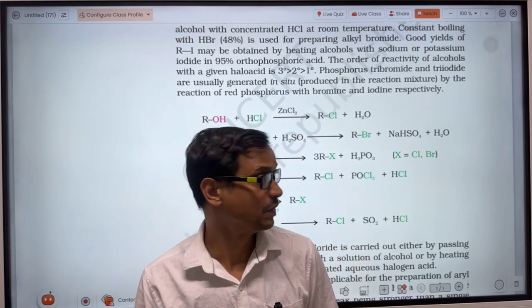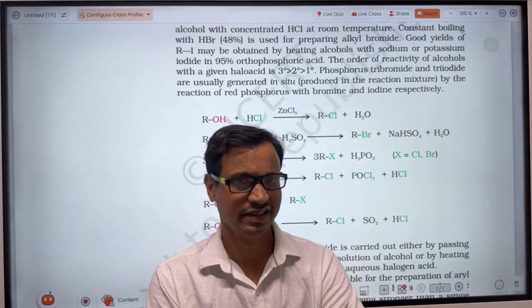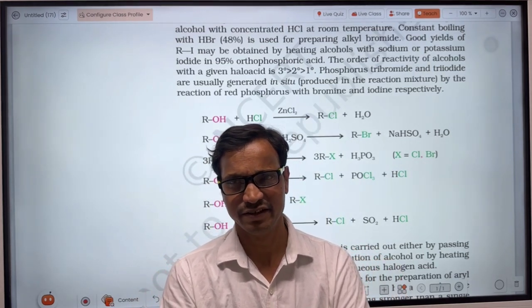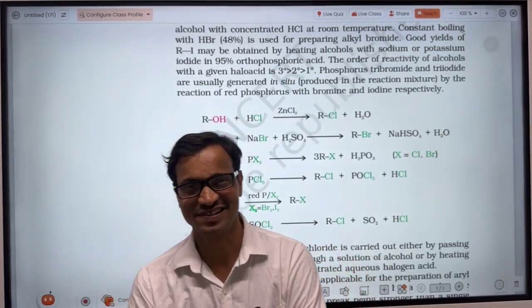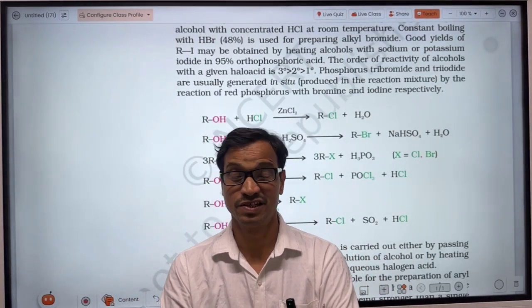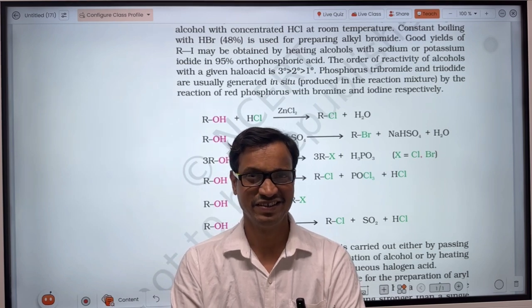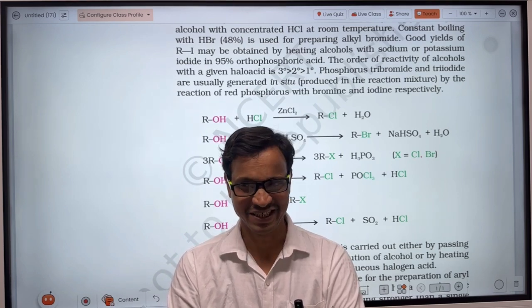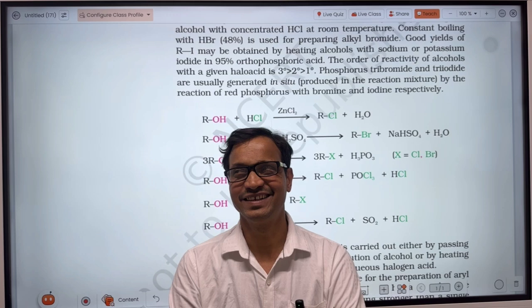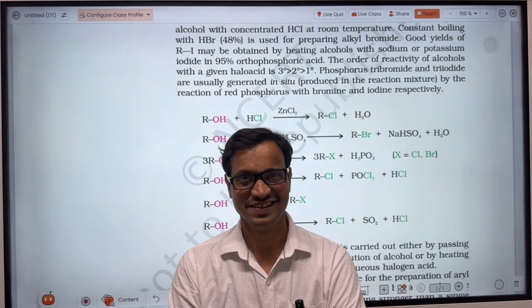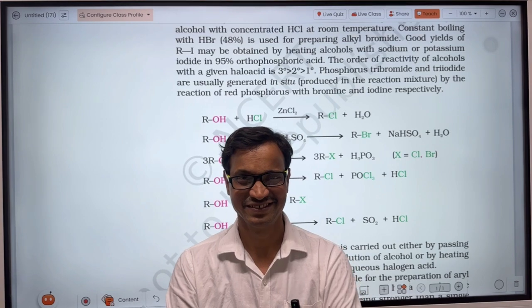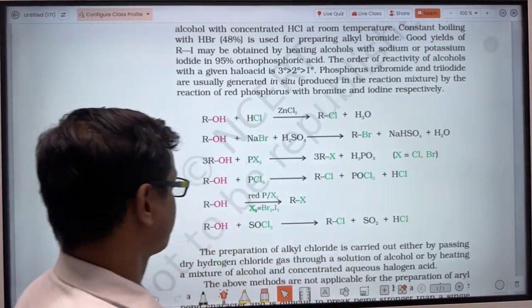When you practice these reactions 5-6 times, they will remain in your memory. And I think if you are a serious candidate and earlier also you have applied a lot of effort, then you might have realized how difficult it is to remember the products of the reactions. So now let's see these reactions.